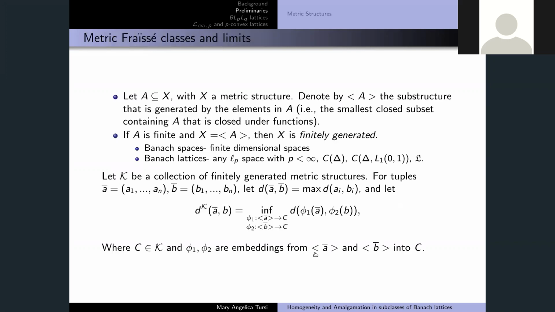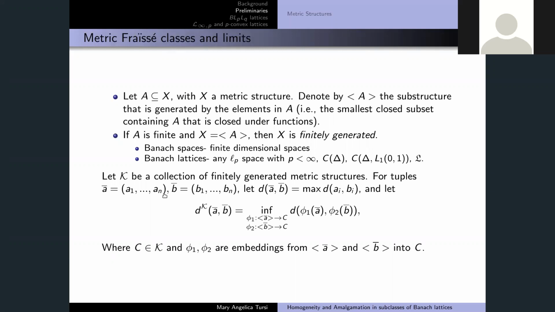The main tool is that for each of these spaces, you can show that the classes of these small structures embedding into your big space have certain special properties, and we're going to go into what those are.